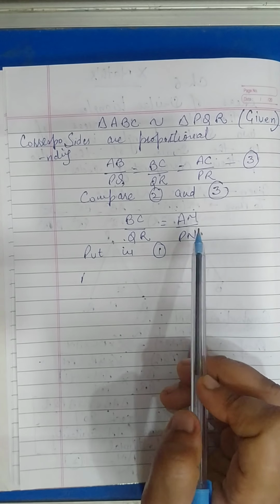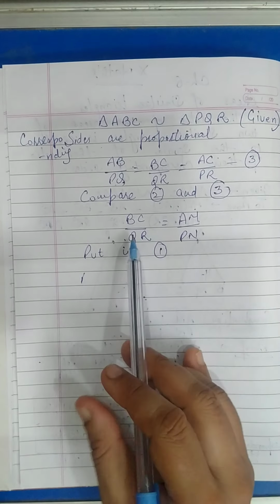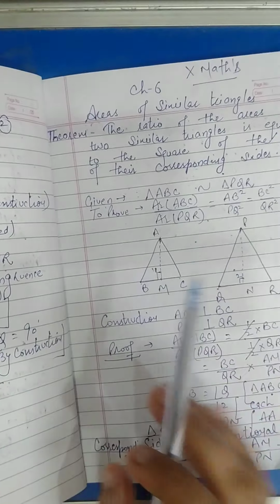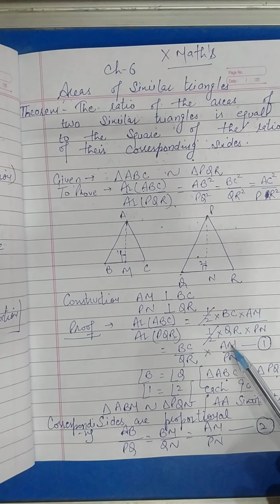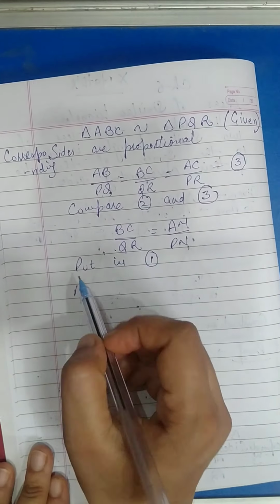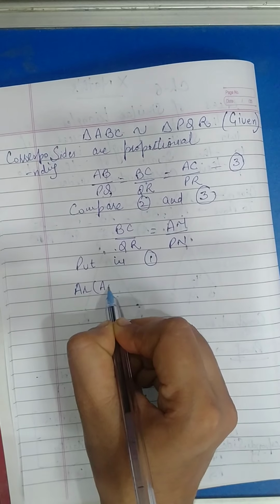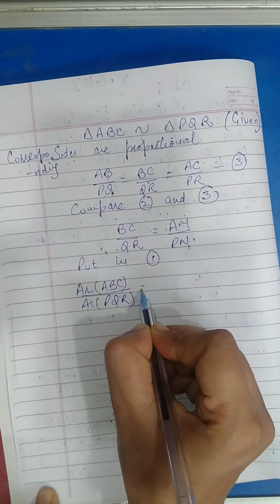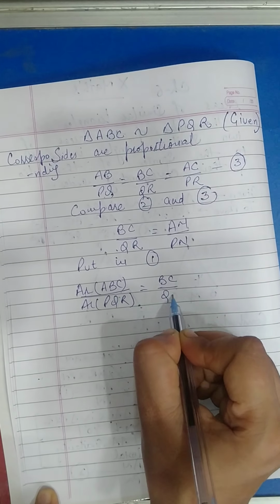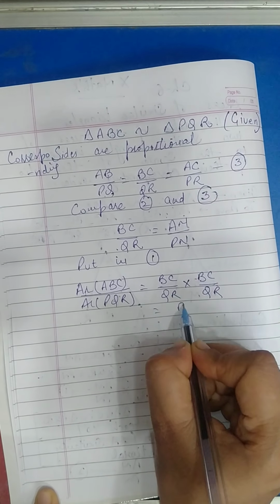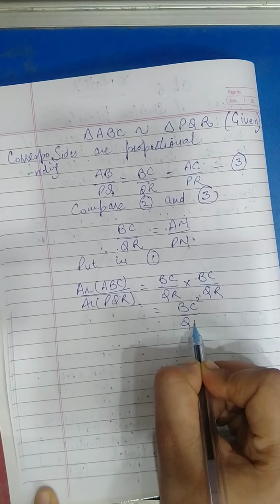Our target is that in place of AM upon PN, we want BC upon QR. So put this in the first equation. It means area of ABC divided by area of PQR is equal to BC upon QR multiplied by BC upon QR. So what we got? BC square upon QR square.